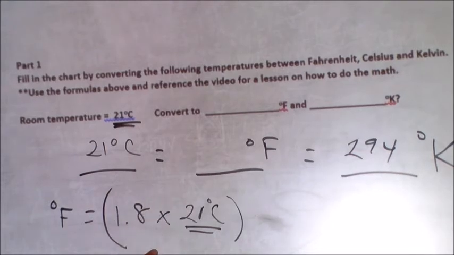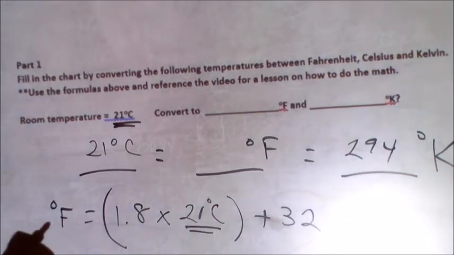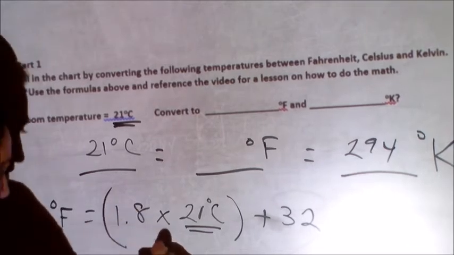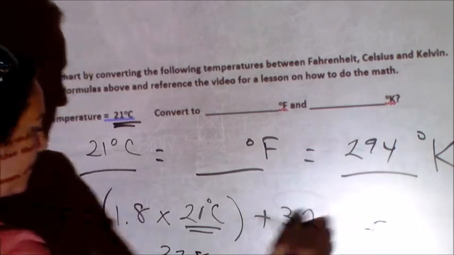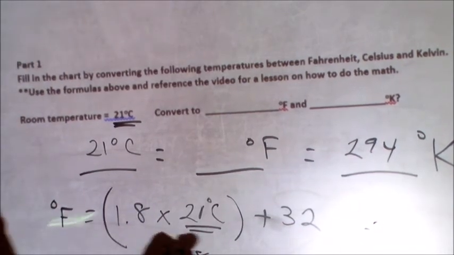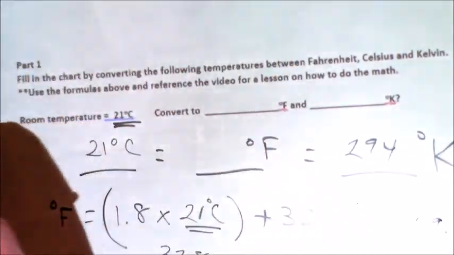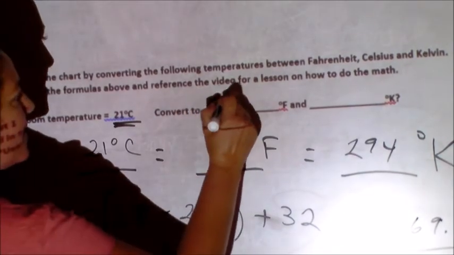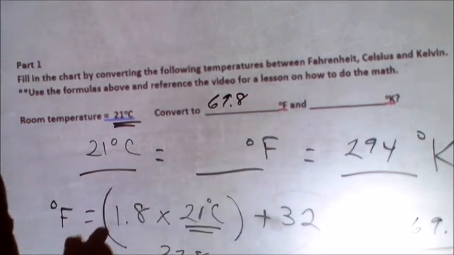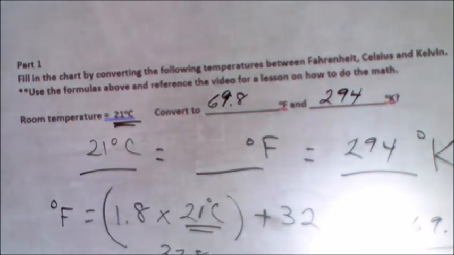Once I multiply that, I then add the entire thing to 32. 1.8 times 21 equals 37.8, plus 32 equals 69.8 degrees Fahrenheit. So 21 degrees Celsius is 69.8 degrees Fahrenheit and 294 degrees Kelvin.